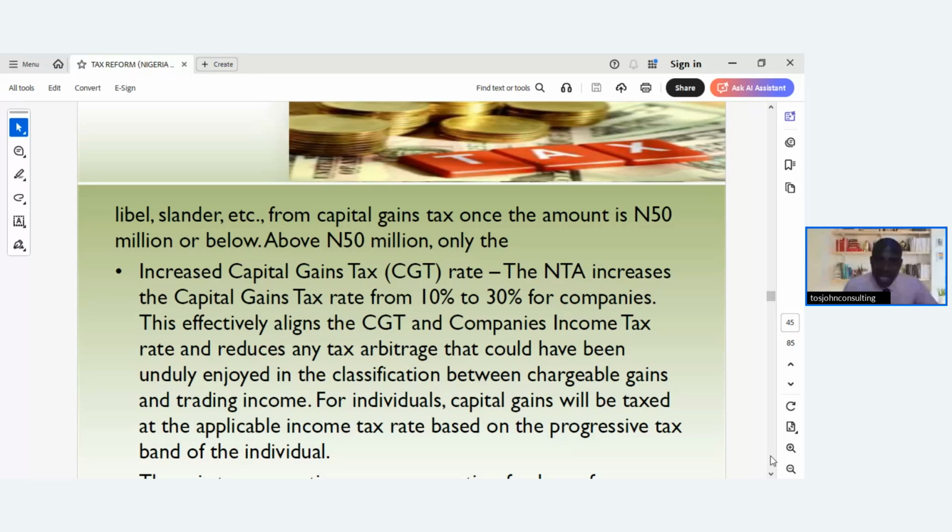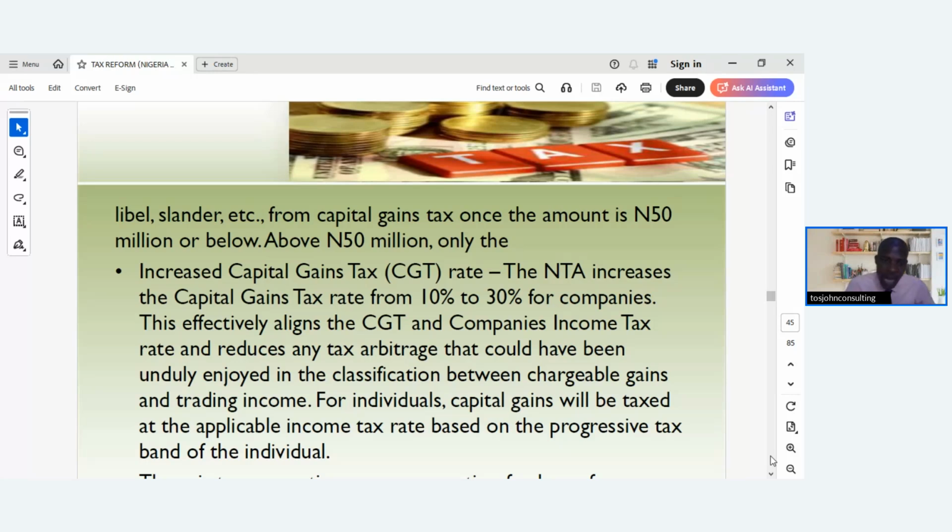This effectively aligns the capital gain tax and company's income tax rates and reduces any tax arbitrage that could have been duly enjoyed in the classification between chargeable gains and trading income. For individuals, capital gains will be taxed at the applicable income tax rates based on the progressive tax band of the individual.